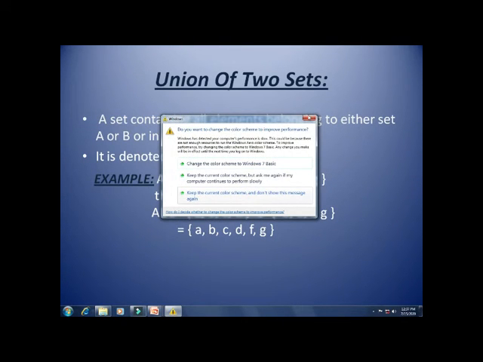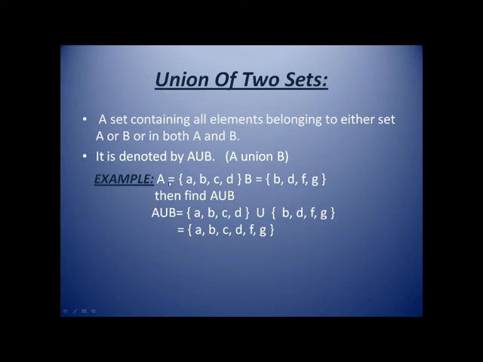For example, sets A and B are given, then find A ∪ B. First you have to write A ∪ B, then set A, elements a, b, c and d, then the sign of union, then B, elements b, d, f, g.